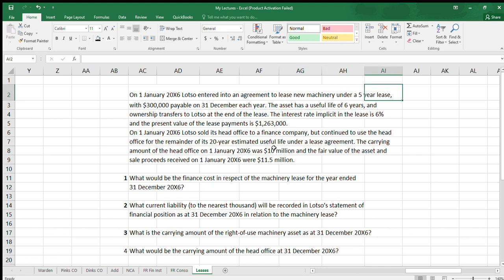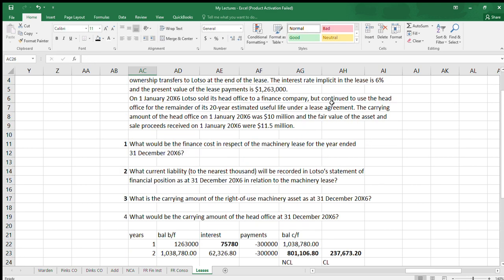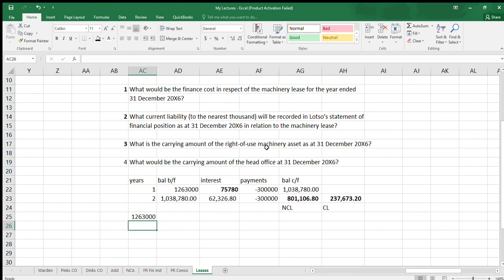So carrying amount as at 31st December 2086. For the 1 year, the carrying amount starts with the lease payment, that's the lease liability first. And how many years? The lower of the years, 5 years. So our depreciation each year is this figure.